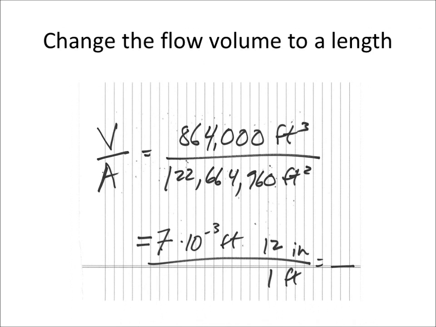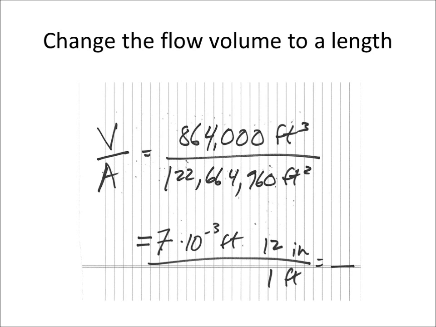This brings us to our last step, which is to change the flow volume to a length. Our basic equation is that volume divided by area is equal to length. In this case, we take our volume, 864,000 cubic feet of water.